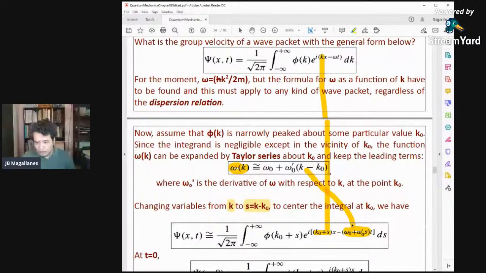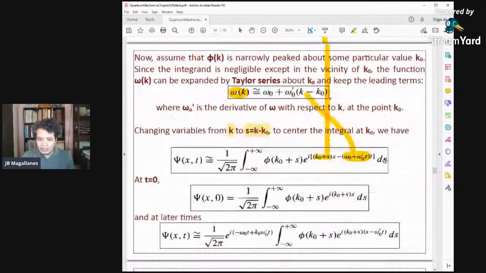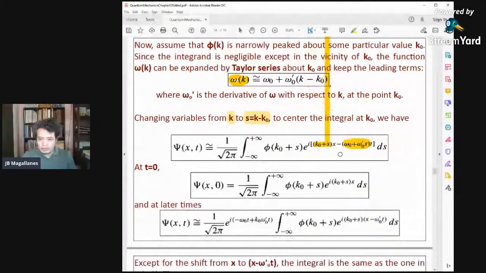So this one, your k minus k0 is just equal to s, so you have this term now. But if you look at this, if you change this to 0, this one will be eliminated because t is 0. You will only have this term.